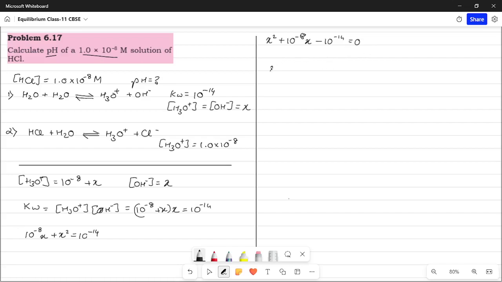First of all, you know x equals minus b plus or minus root over b square minus 4ac, divided by 2a. This is the formula we use to calculate the value of x from a quadratic equation. For our equation, we have a equals 1, b equals 10 to the power minus 8, and c equals minus 10 to the power minus 14.